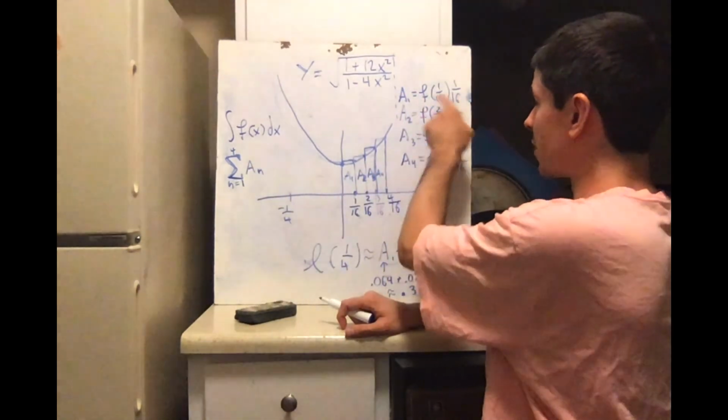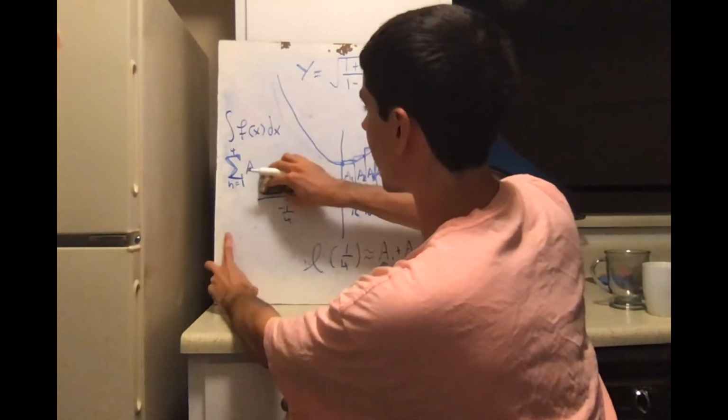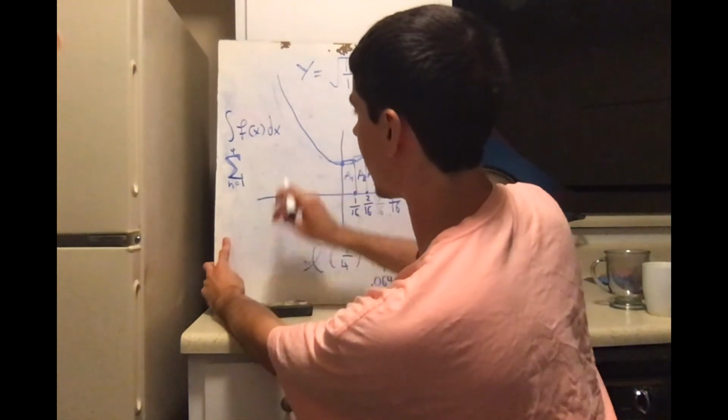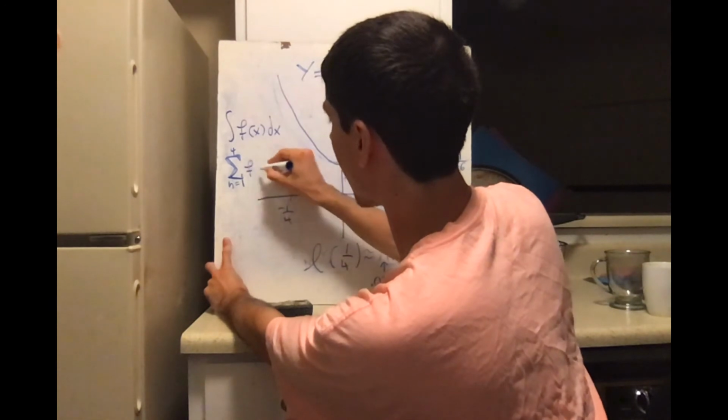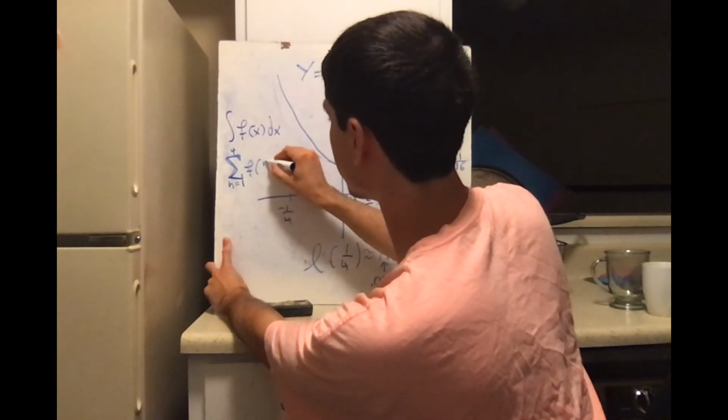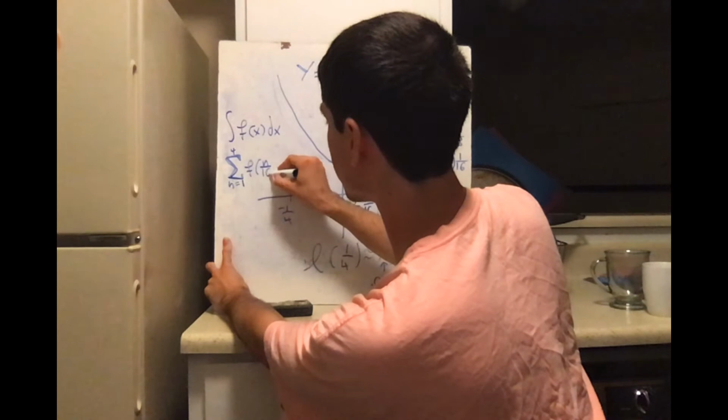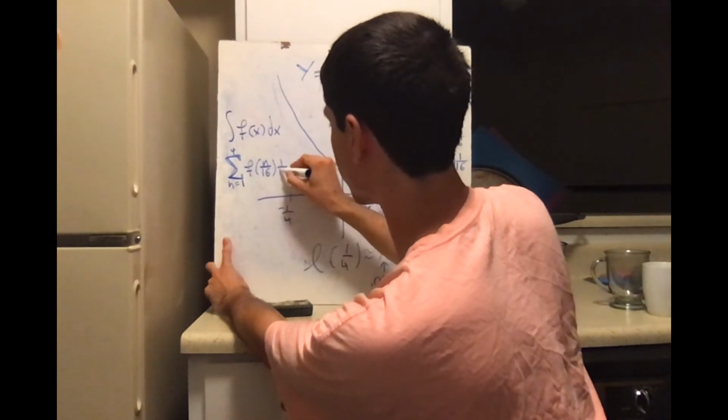And then if we look at these expressions right here, a_n is f of n over 16 times 1/16.